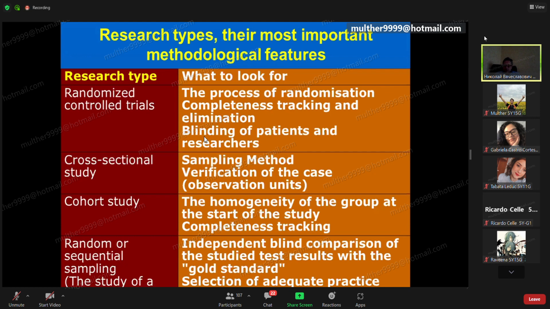This trial should include the process of randomization, or random choice of patient selection to experimental and to control group. Completeness of tracking and elimination. This trial includes blinding of patients and even researchers, so-called double-blind research. Placebo control, for example, usually.